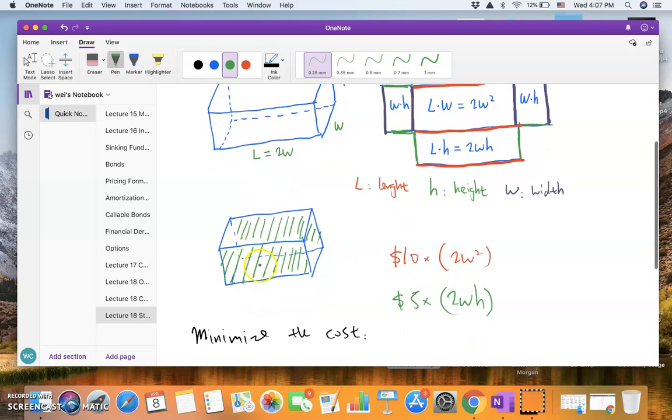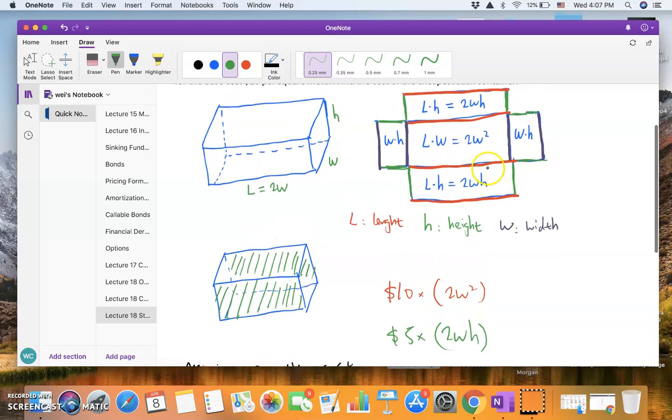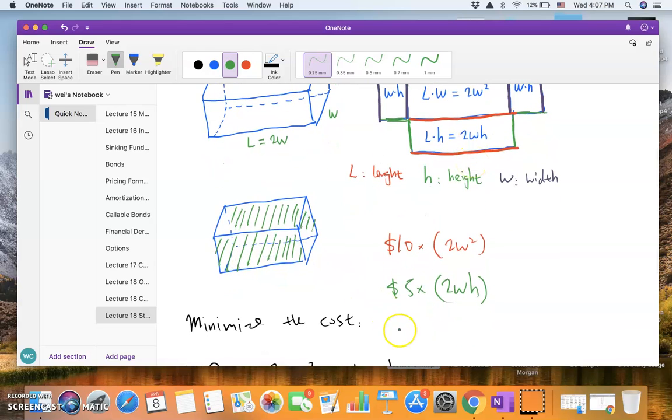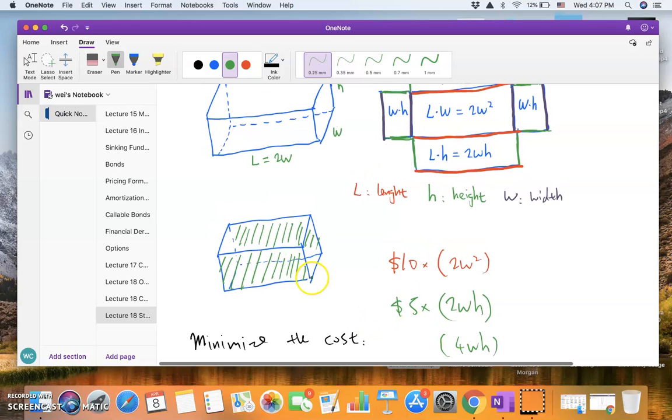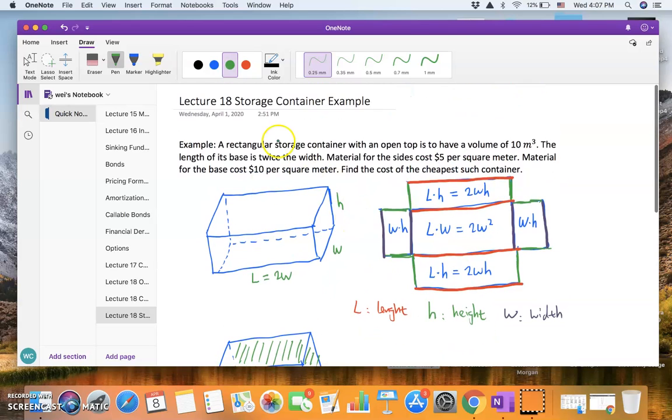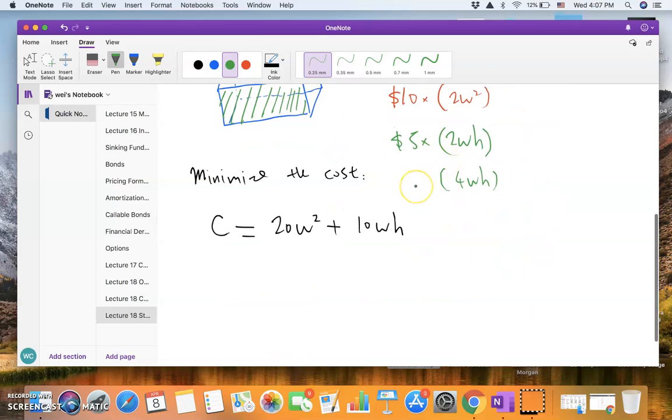The area of each side is 2WH, so the total area is 4WH. And the cost for these two sides is also $5 per square meter. So the cost for the front and the back side of the box is 20WH.